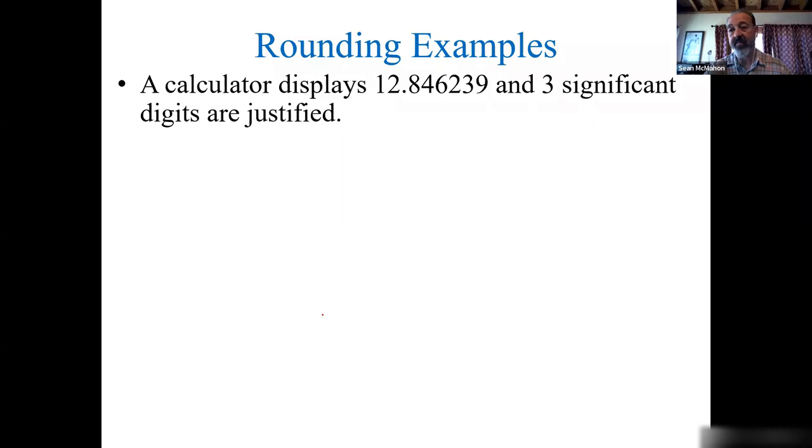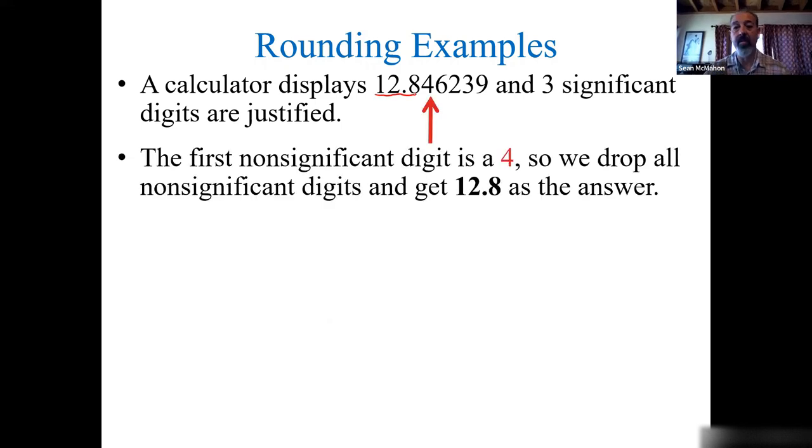So in a calculator, you may need to round to 3 significant figures. Whatever comes up, it doesn't matter if that third sig fig is in the tenths, hundreds, or thousands. You still need 3 in your answer, and we'll go over these rules in a moment. So I go 1, 2, 3. And what do I notice? Right before I drop, where that third sig fig is, there's a 4.